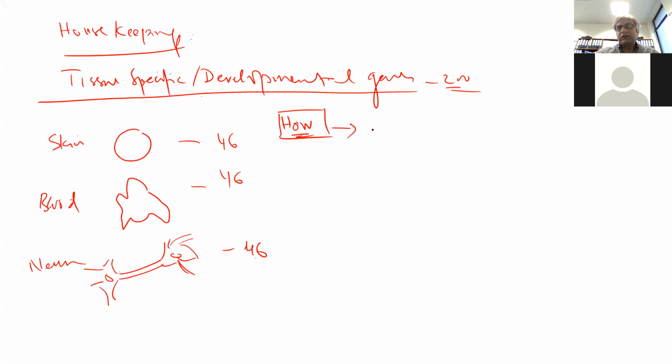And in the 21st century, we say epigenetics is involved. The DNA sequence of all the genes on the 46 chromosomes is not at all altered. It's not perturbed at all. It remains the same.